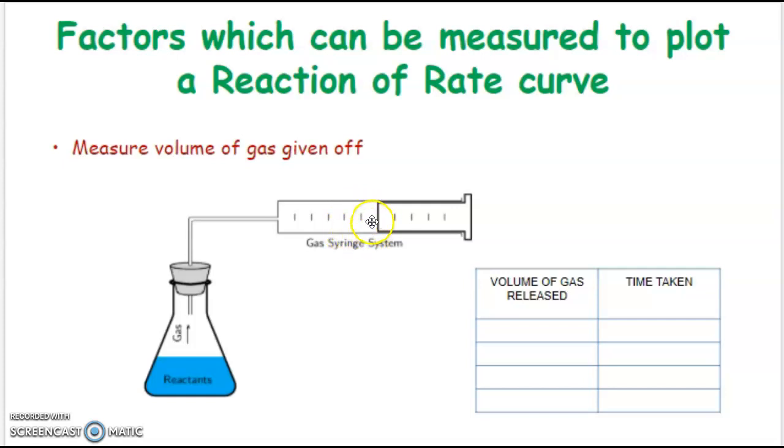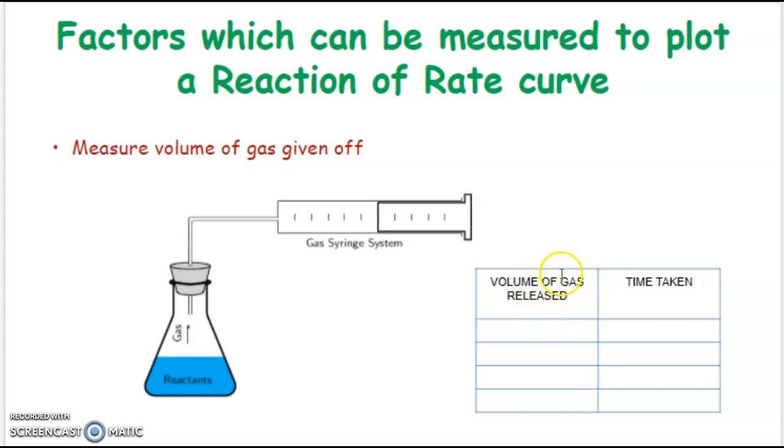Now the volume of gas produced over time will of course be increasing because the gas is being produced. Now what we can do is to measure by way of this calibrated syringe the volume of the gas at specific time intervals and record that information in a table.